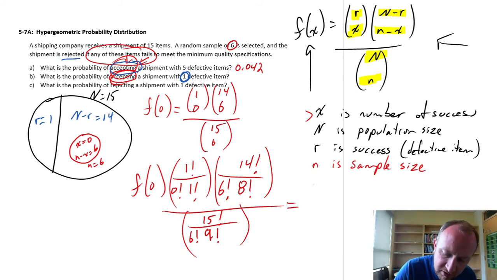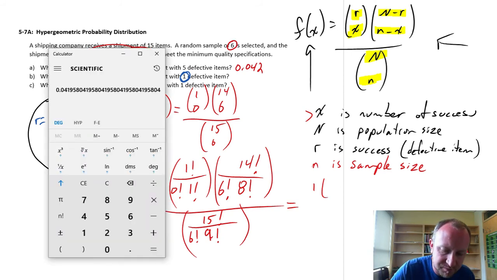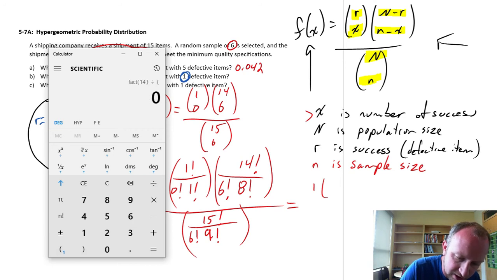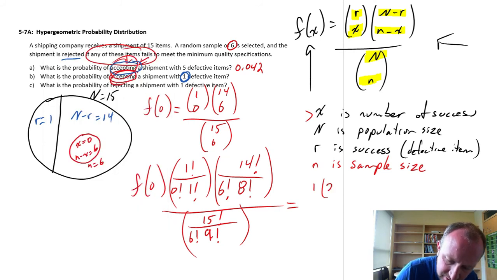Again, this first term is going to be equal to 1. The second term, I will calculate: 14 factorial divided by 6 factorial times 8 factorial, so that's 3003.